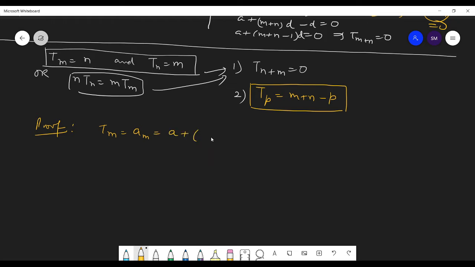A plus m minus 1 into d, is equals to what is given, n. And what is the nth term? That is A plus n minus 1 into d, is equals to m. That's right. So we have these two equations, equation number 1 and equation number 2.